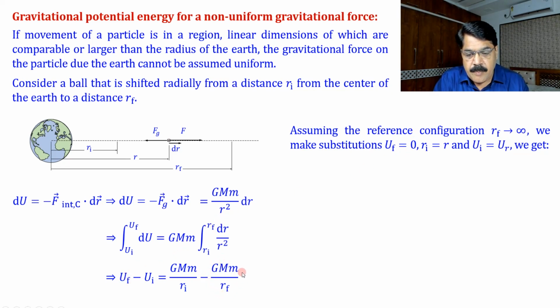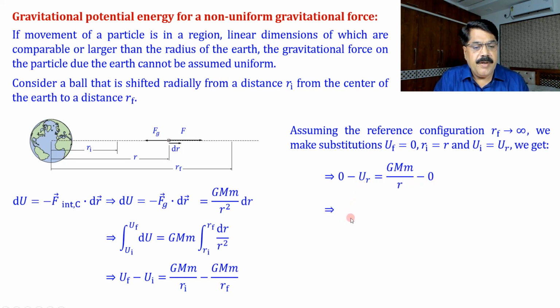This will ultimately tend to 0, because here it is infinite. So what we have is minus Ui, which is U(r), minus U(r) is equal to GMm by r. So 0 minus U(r) is GMm by r minus 0. So what you get here, U at r is equal to minus GMm by r.